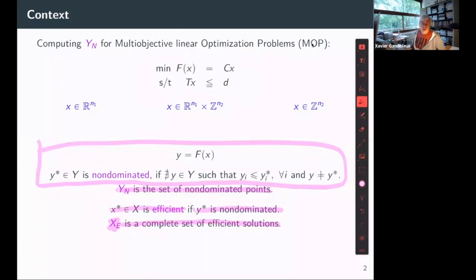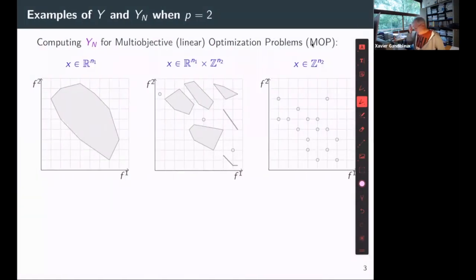Let me give you an example for the 3 main classes of problem. We are here in the objective space, for the discrete case, the continuous case, and the mixed integer case. A point is non-dominated like this one if there is no other solution in this cone.